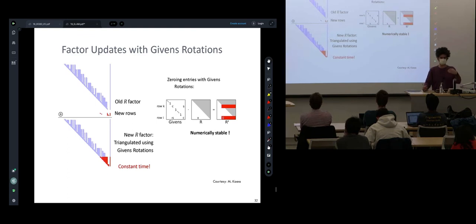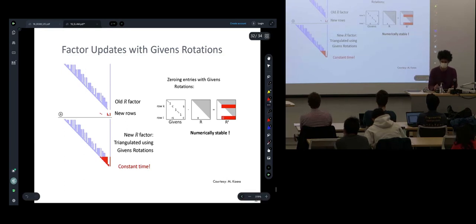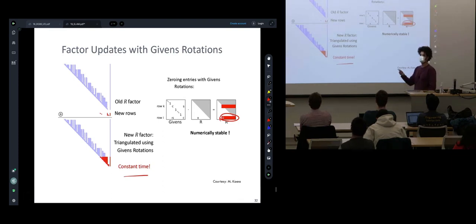At any time, you just need to apply a new rotation to correct the previous factorization to zero out the bottom row, right? I'll give you an example of this code, how it's done, so you can see it if you're interested. So that's good news, and it's constant time. That will make it incremental and online.